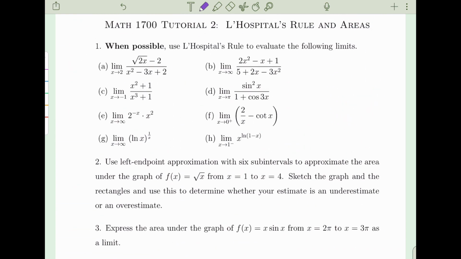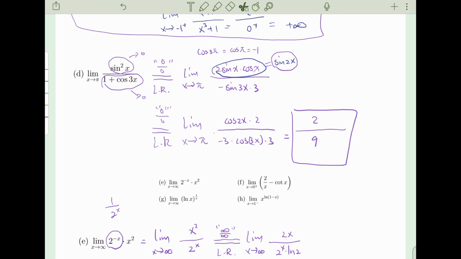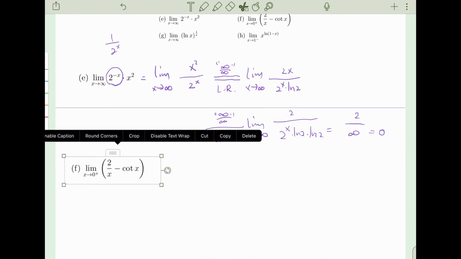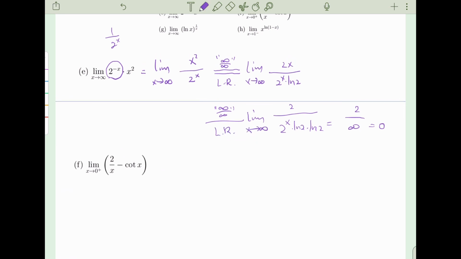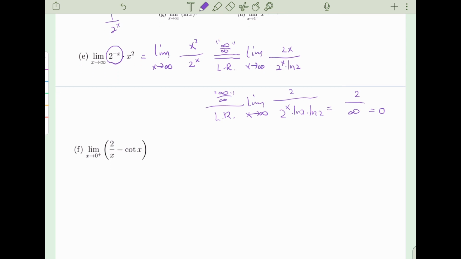Now the next one here. We need to rewrite it, so that it is a fraction type. So I have this 2 over x minus this cotangent, which can be written as cos x over sine of x.